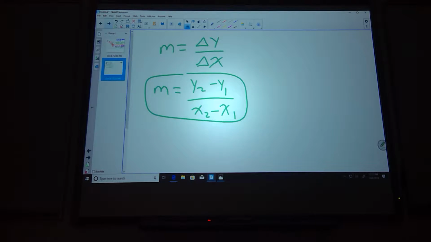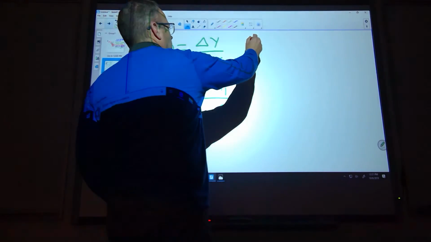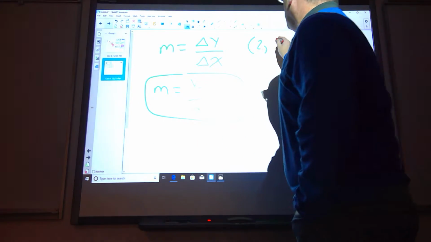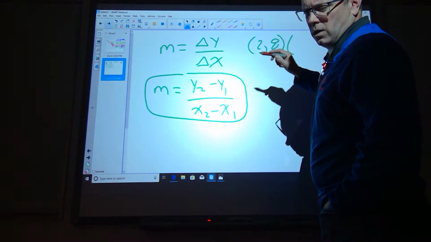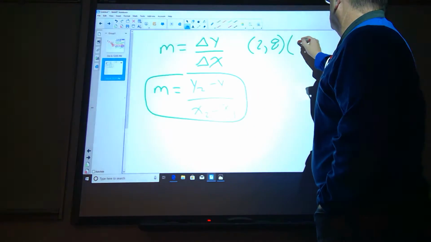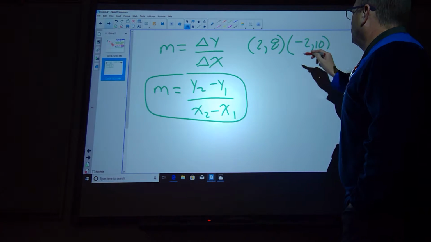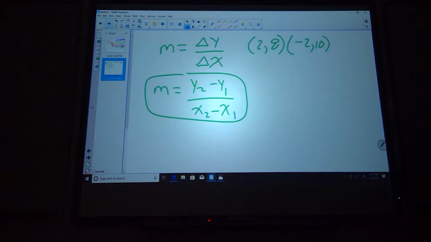What were our 2 points? Let's see, what was the first one? 2 comma what? 8. And the second one? Negative 2, 10. All right, so before we start this, we got to keep in mind we can have a positive slope, we can have a negative slope. We can have a slope that's 0, which is what kind of line? I know it's straight, but what kind of straight line?